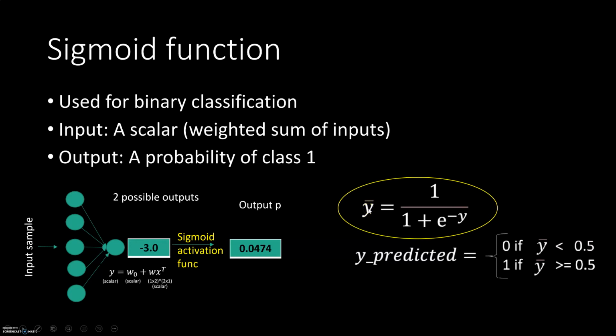It's actually the probability of predicting the positive class. Since there are only two classes for the binary classification problem, if we know the probability of class 1, the probability of class 0 is just 1 minus the probability of class 1.